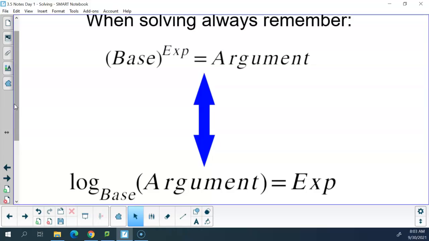It's kind of like adding. If we had x plus 2 equals 7, you would subtract 2, because subtraction is the inverse of addition. These are inverse functions, just like adding and subtracting are inverses, or multiplying and dividing are inverses. Very important slide. Make sure you got this one.